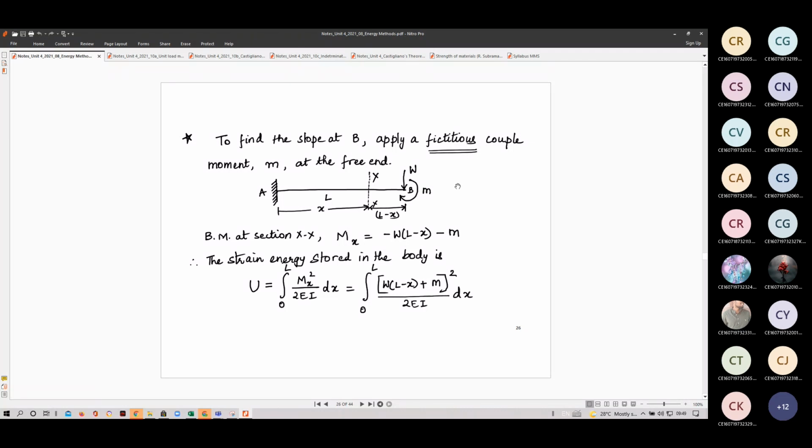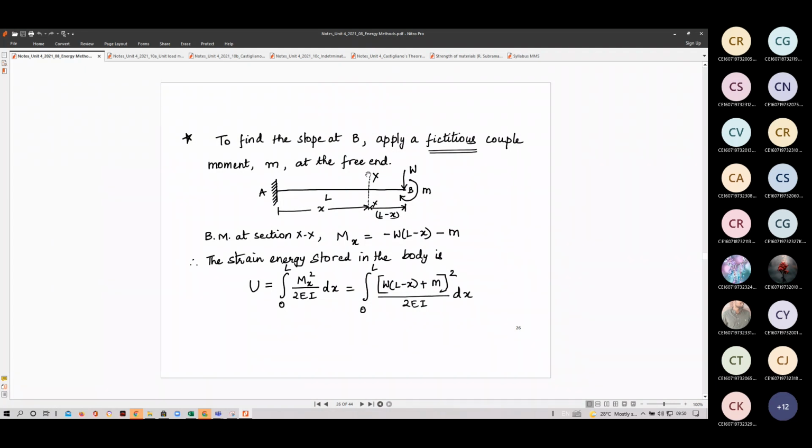So to find slope theta at B, and I know that it will be clockwise rotation at B, I will give a clockwise moment small m. So I am introducing an unknown moment. I call this a fictitious couple moment. Fictitious means it doesn't exist. We are imagining it, in addition to the existing load.